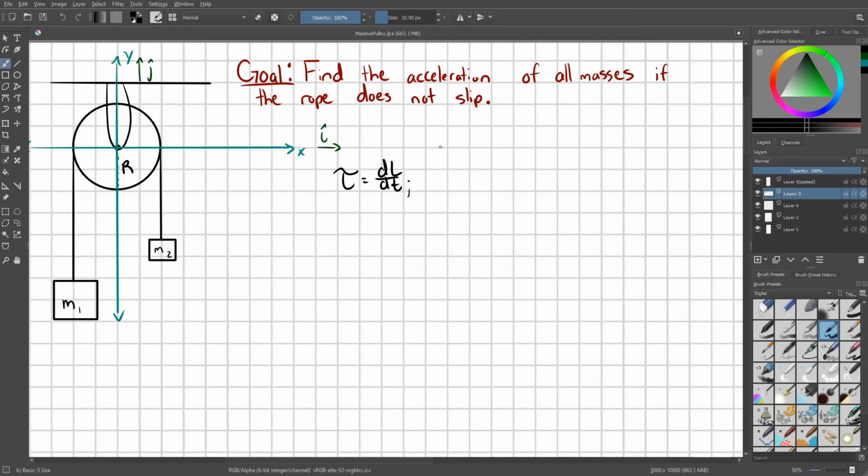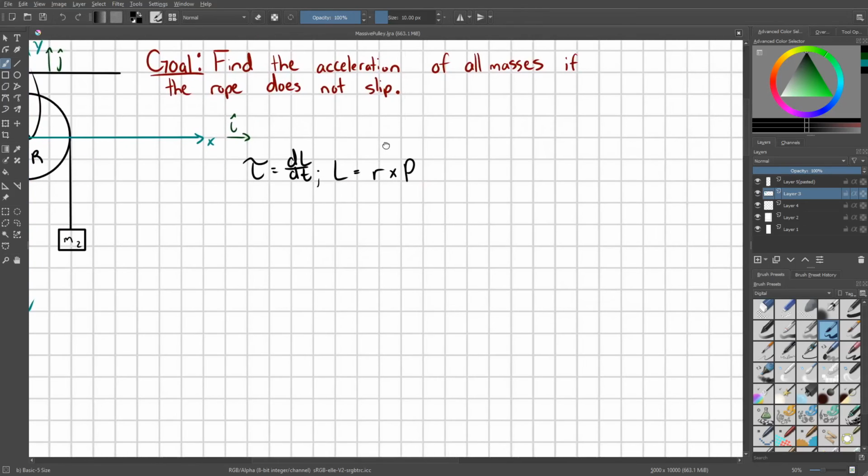I'm also going to go ahead and write down the definition of L. This is r cross p, where r is some radial distance from the origin to whatever mass you're looking at, and p is the linear momentum at that point, or mv.